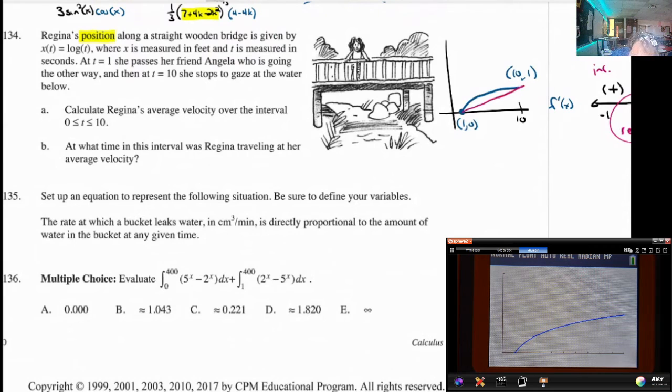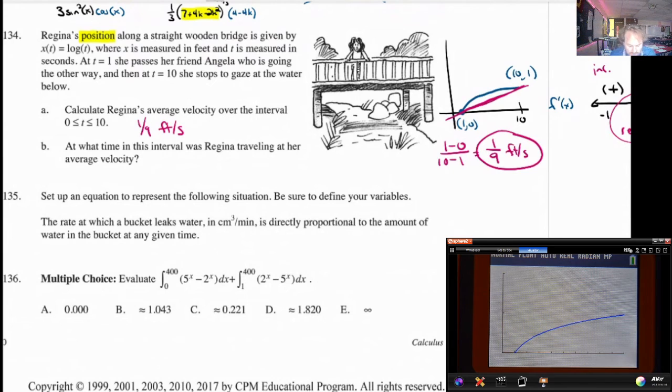So the average velocity in this case is going to be 1 minus 0 over 10 minus 1, which is 1 over 9. And since this is measured in feet this way and seconds that way, this would be feet per second. That's her average velocity, 1/9 of a foot per second.